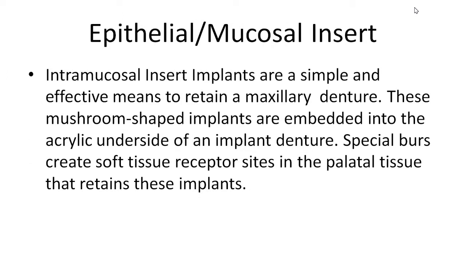So we covered the epithelial implant more for interest and to increase our knowledge of implantology. But the intramucosal insert implants are a simple and cost-effective way of retaining a full upper denture.